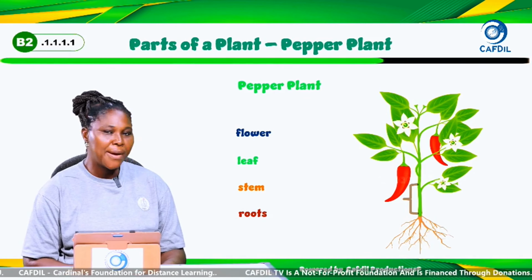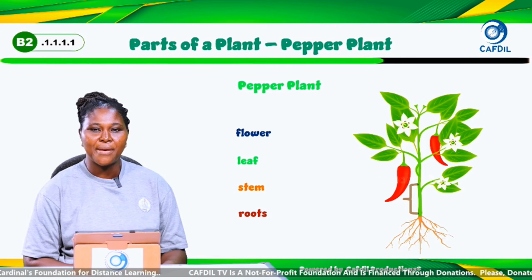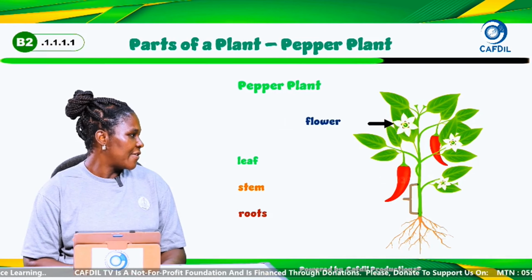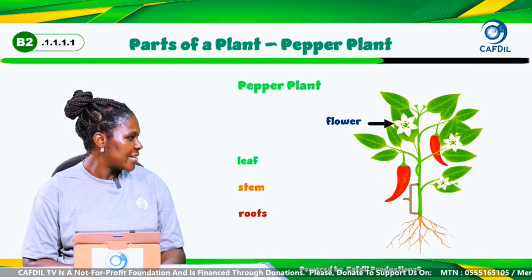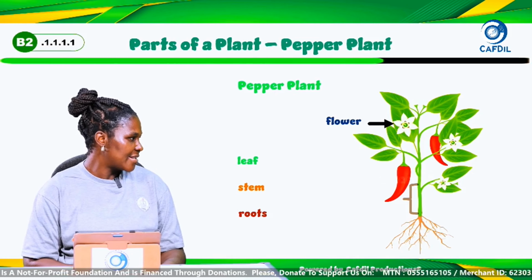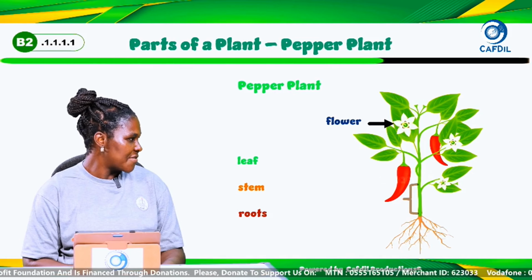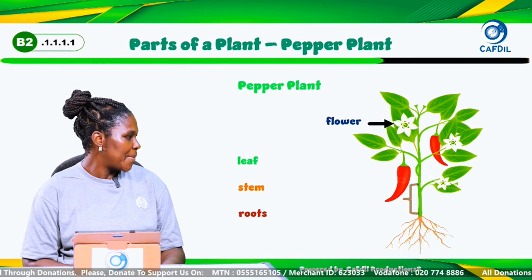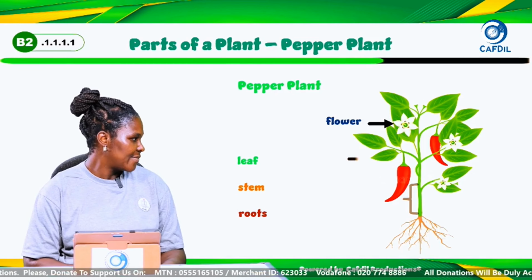Good. The pepper plants. Let's look at the parts. We have the flower. The color of the flower is white, and we have some green spots in it. Good.